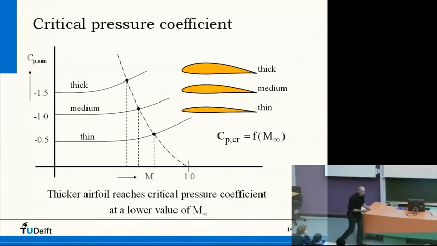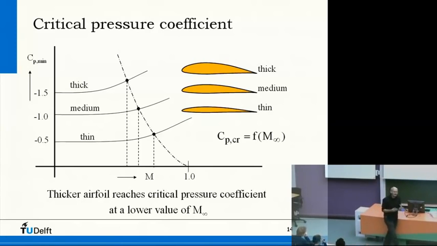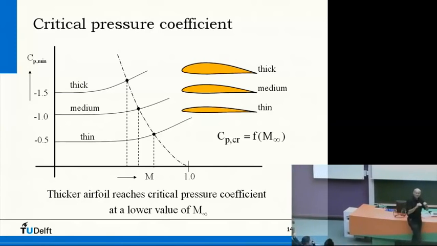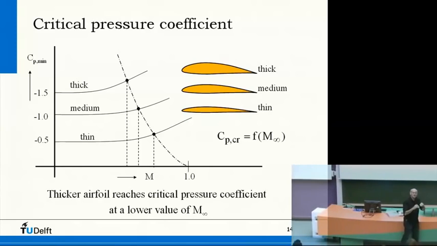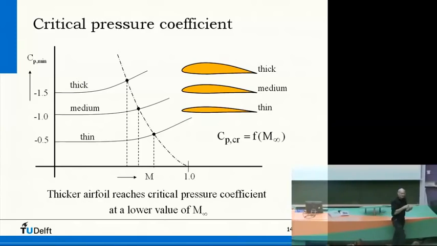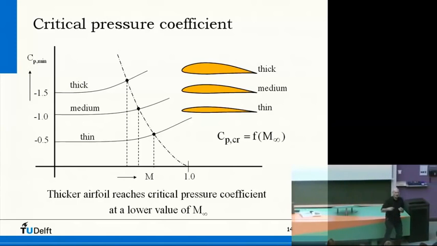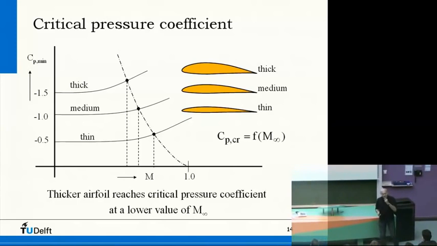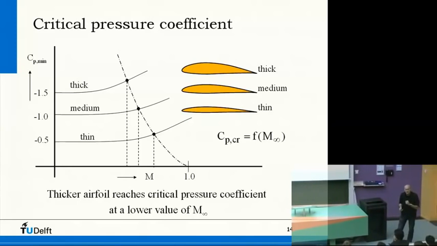Well, and then of course, it all depends on the form of the airfoil, right? So if we have a very thin airfoil, then the super velocities at the upper surface are not so high. And if we have a very thick airfoil, then of course these velocities are much higher. And that also gives you a clue about how they would behave if the Mach number goes up.